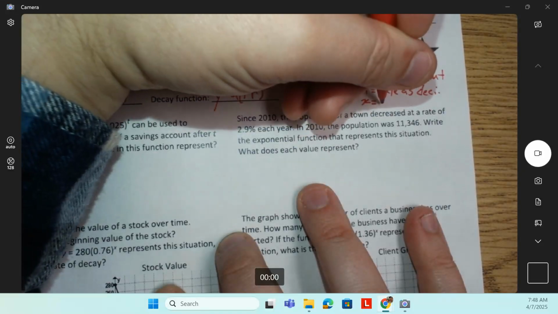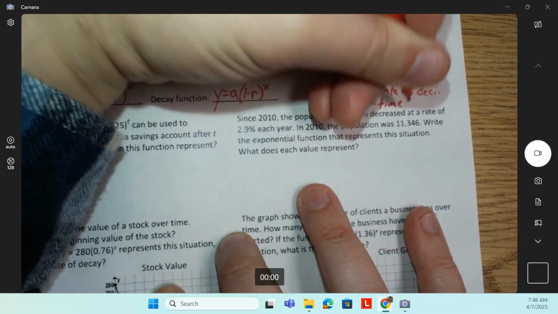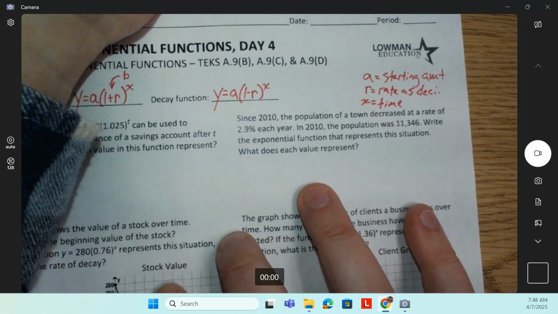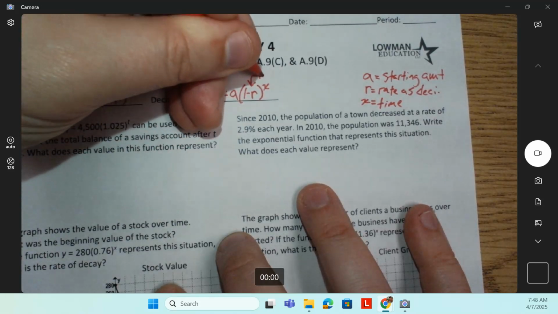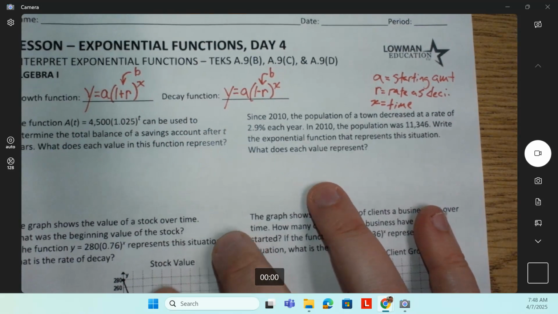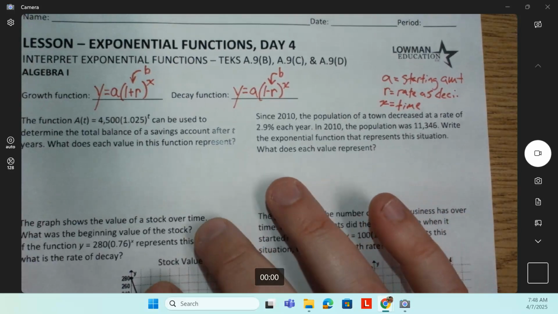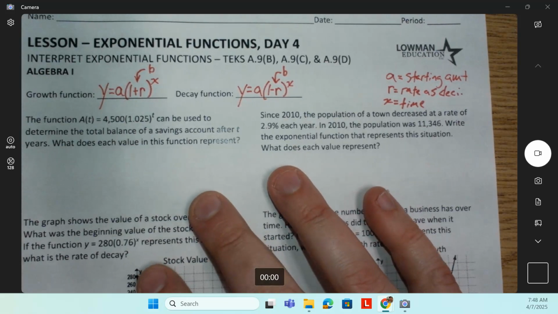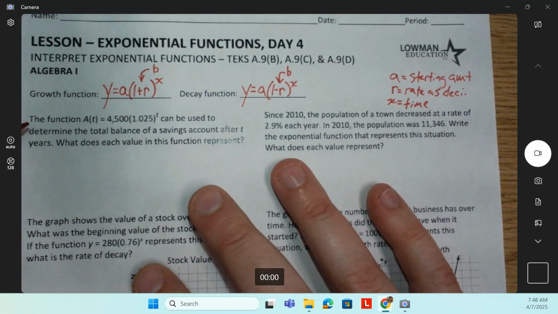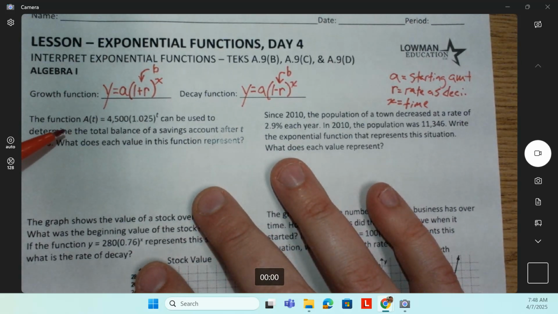X is normally going to be our time. And B gives us our growth or decay factor. But just as we're breaking it apart, we can kind of look at that. So let's look at our first one, and we're just trying to pull apart what it asks us here.